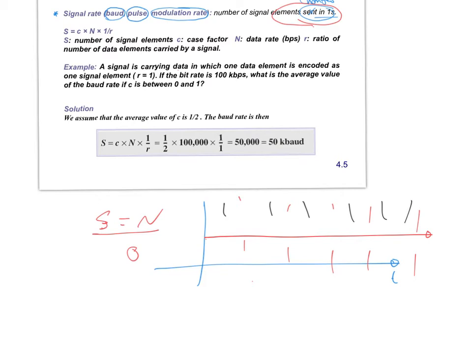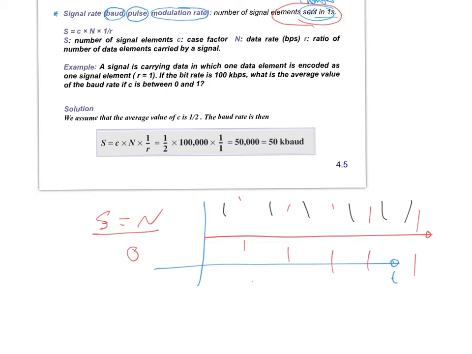Well, we talk about a very important parameter here, which is called the case factor. The signal rate is proportional to the bit rate, and proportional to 1 over R, of course.